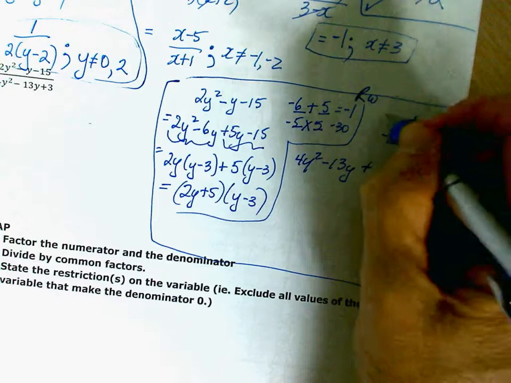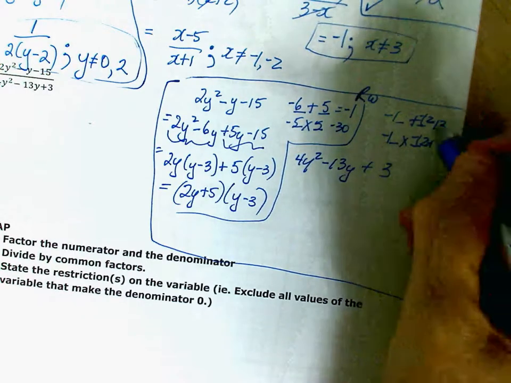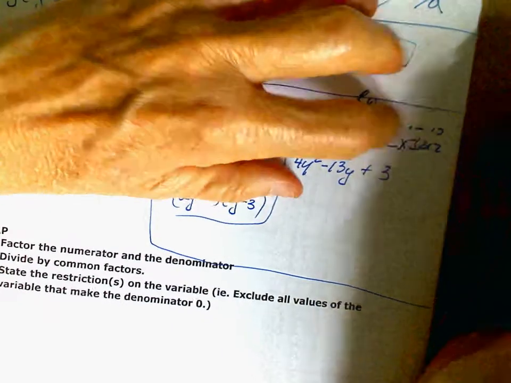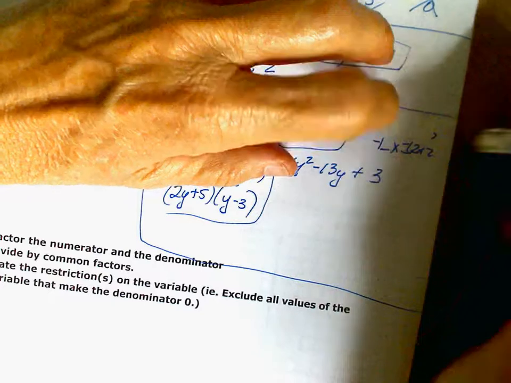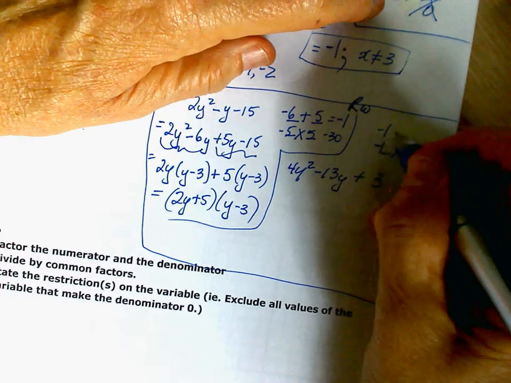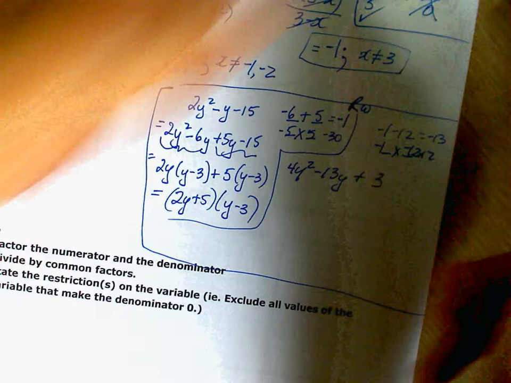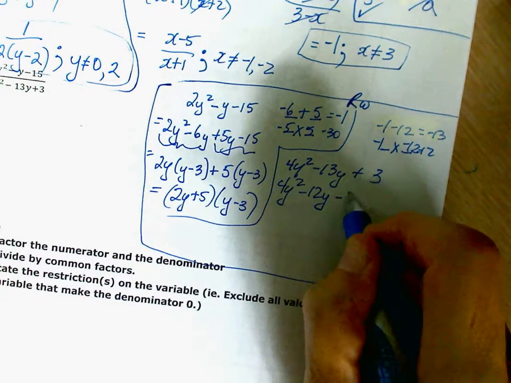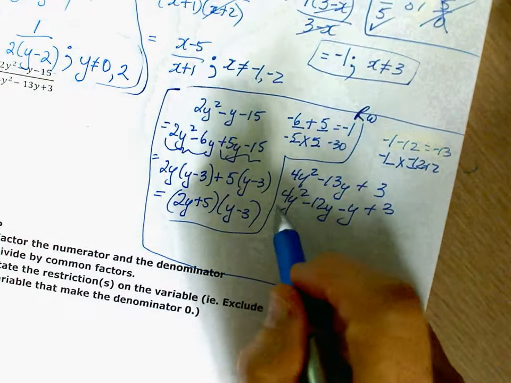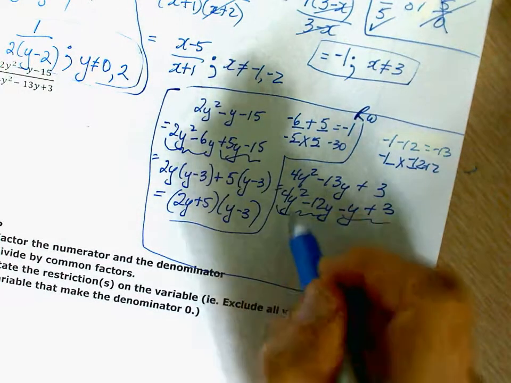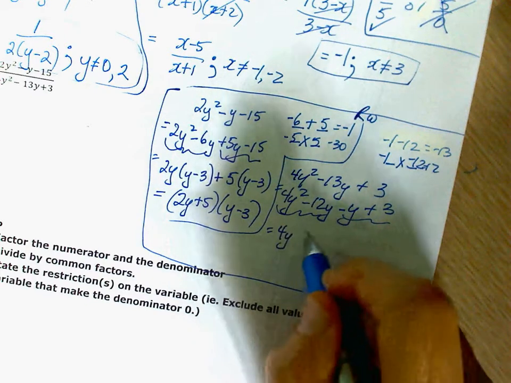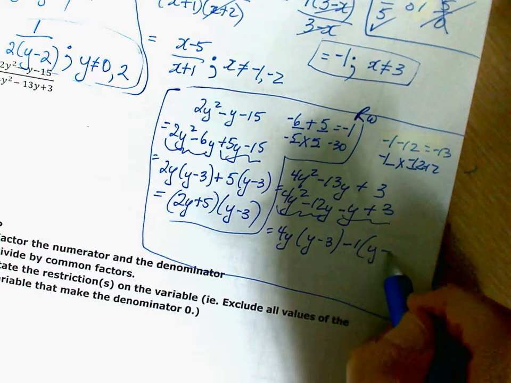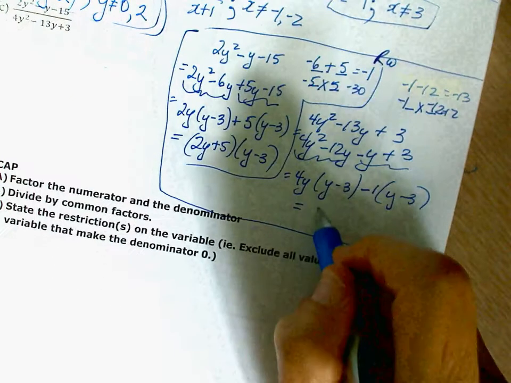Okay? Minus 1 minus 12 equals negative 13. So we can decompose 4y squared minus 12y minus y plus 3. We'll group these two together: 4y times y minus 3. Factor out a negative 1, we'll get a y minus 3. And that's 4y minus 1 times y minus 3.